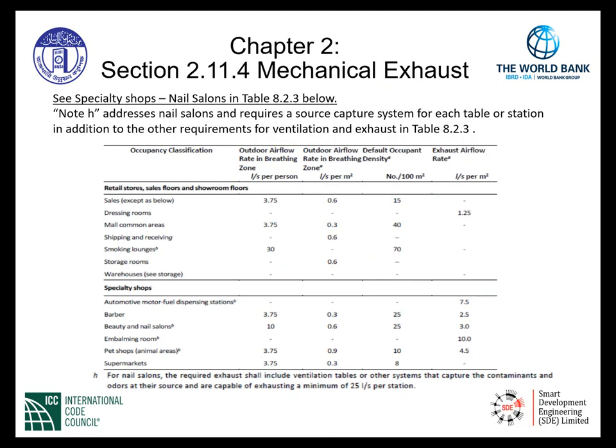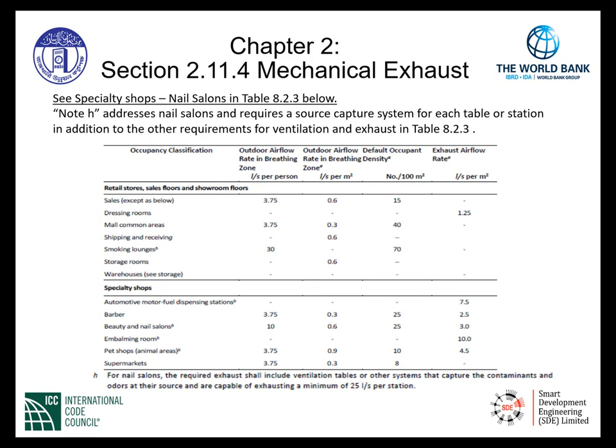See specialty shops in the occupancy classification for beauty and nail salons. In Table 8.2.3 below, in the specialty shop category, beauty and nail salons.